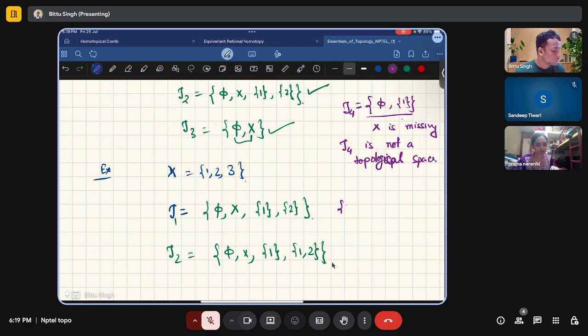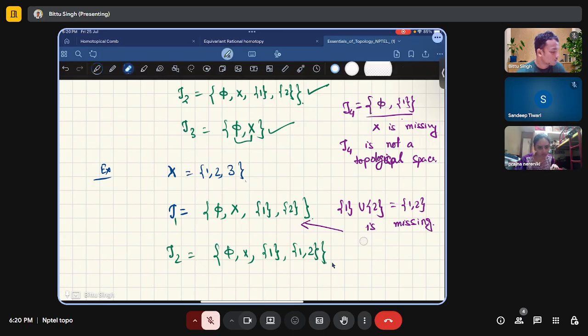So this union {1, 2} is missing. Since the union is not there, tau 1 is not a topological space.